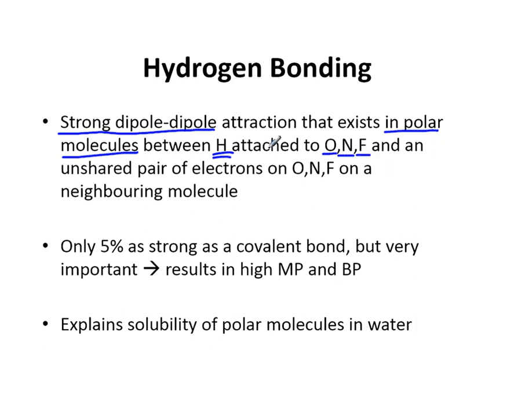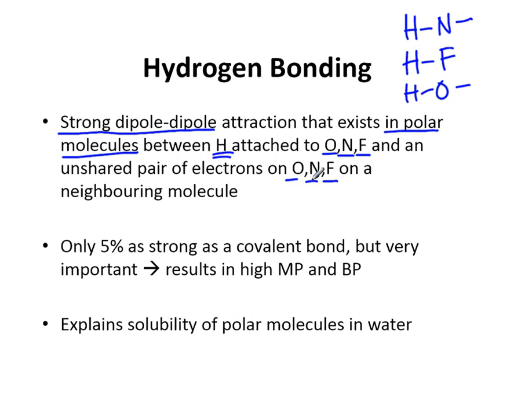And that dipole that's created between that hydrogen and fluorine, or hydrogen and oxygen, or hydrogen and nitrogen, whatever that is, that dipole that's created between those elements will be attracted to electrons on an oxygen, a nitrogen, or a fluorine on a neighboring molecule.